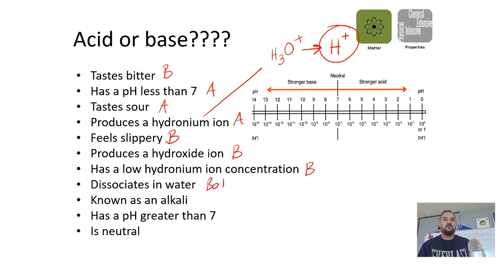Both. Known as alkali. Which ones are alkali? Acid or base? Which one are alkali? pH greater than 7. Base, and then neutral, that's going to be H2O. All right, y'all did good. Let's keep going.